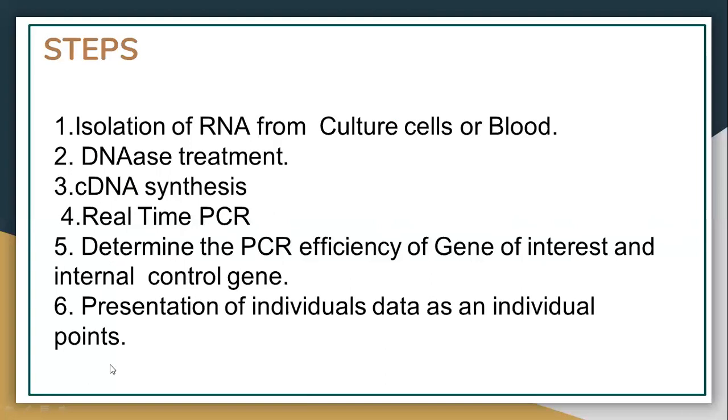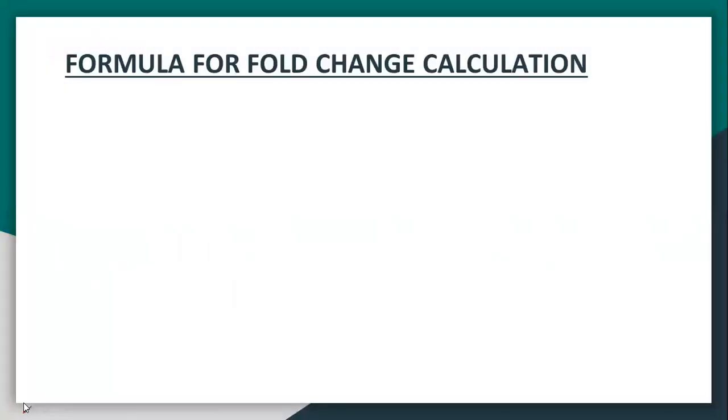Now we'll see how to calculate the real-time PCR data. We have to calculate the fold change. The formula for fold change is 2 to the power minus delta CT.